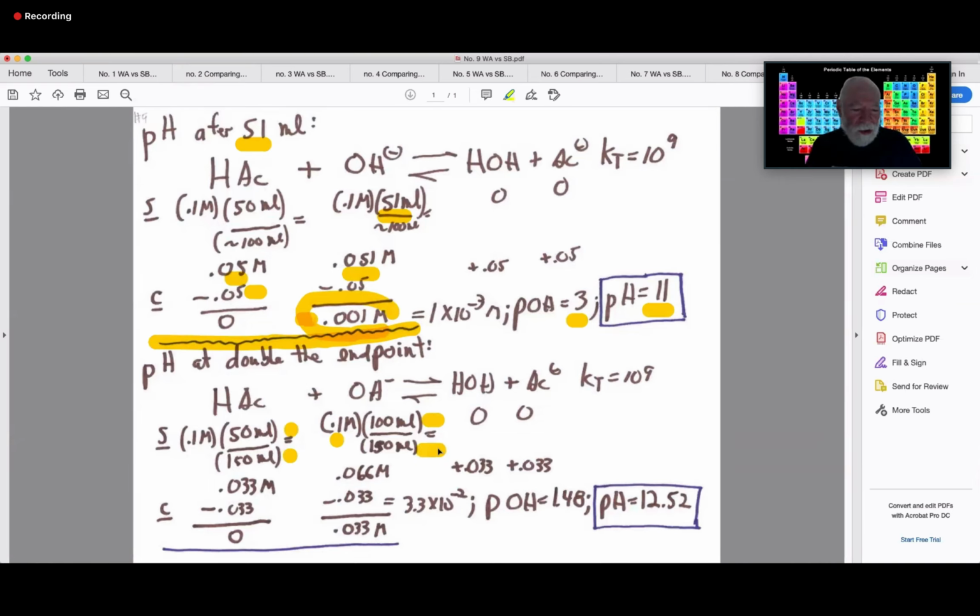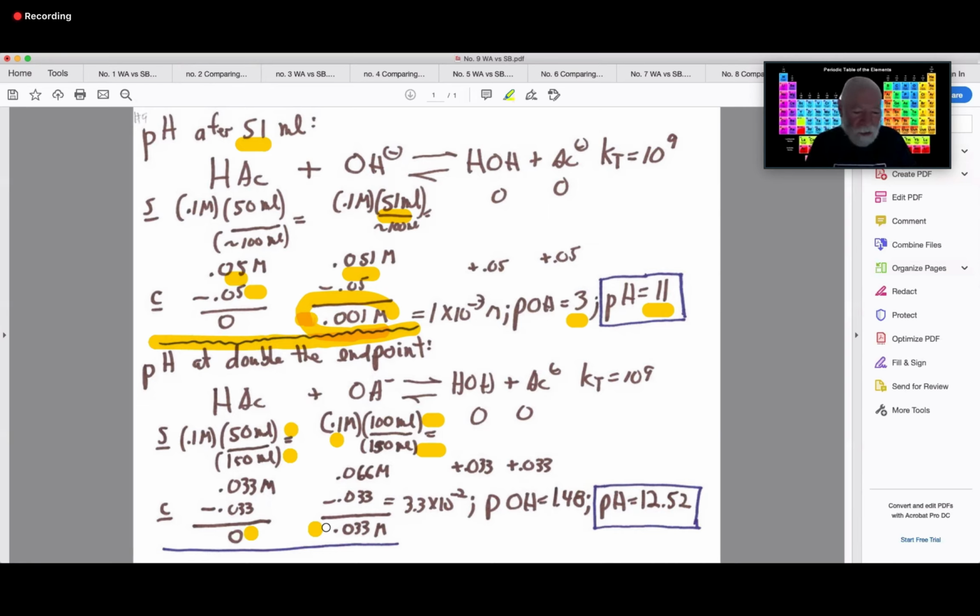So taking dilution into account, the concentration of the acetic acid is 0.033 molar, and double that would be the hydroxide, 0.067 molar. And in the completion step, you push it all the way to the right. So all the acid is neutralized, you have 0, and we have some excess hydroxide, and we can base the pH on the excess hydroxide.